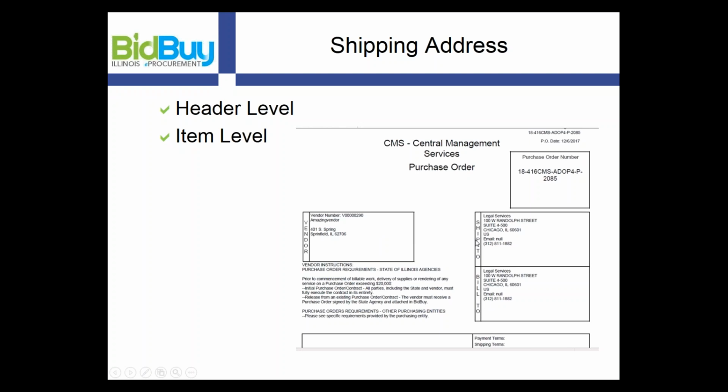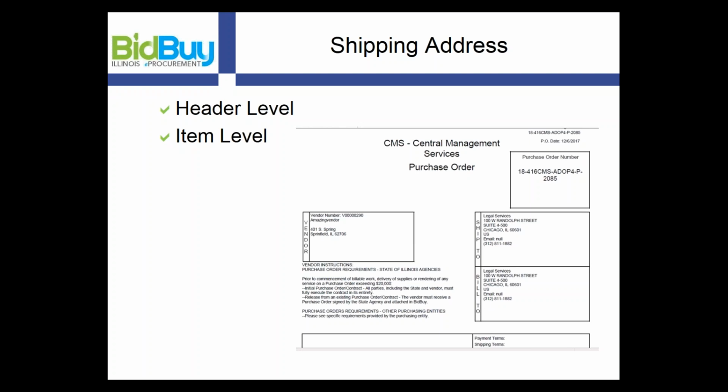In this particular case, the ship to says ship to the legal services at 100 West Randolph, and the bill to address is the same place. So that's all very simple and straightforward. And that is when we add a basic ship to and bill to address that is going to apply to everything on that purchase order.